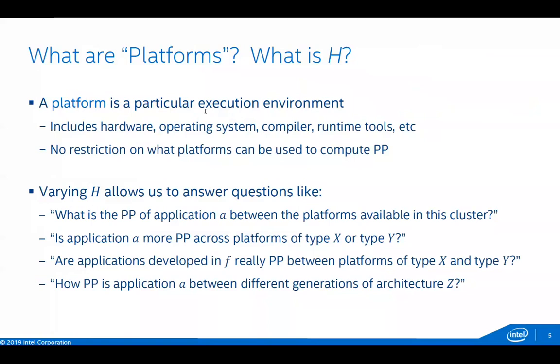And the reason you might want to do that might not be immediately clear. But let's say you are developing a cache-oblivious algorithm. So one way that you can test that your algorithm is working, it's truly cache-oblivious and it's providing performance benefits in the manner that you expect, would be to look at the performance portability of that application when moving between CPUs with different cache sizes.